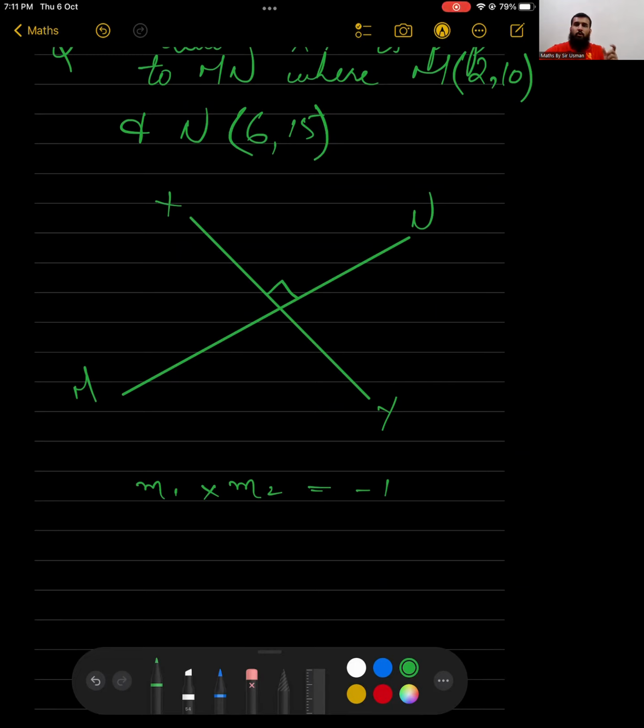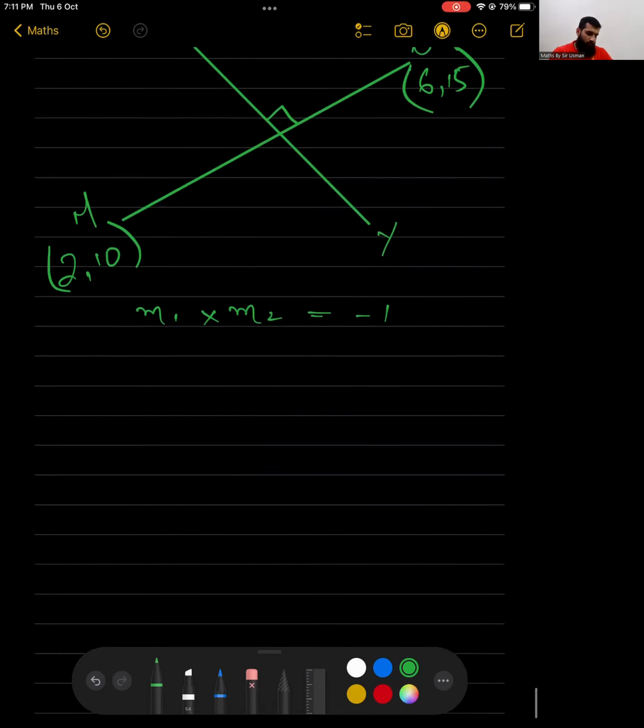Now you first need to figure out the gradient of MN. M is (2, 10) and the coordinates of N have been provided as (6, 15). You need to use both of these to find the gradient of the line MN. The formula for gradient is y2 minus y1 over x2 minus x1.